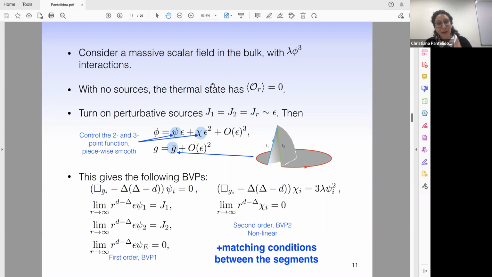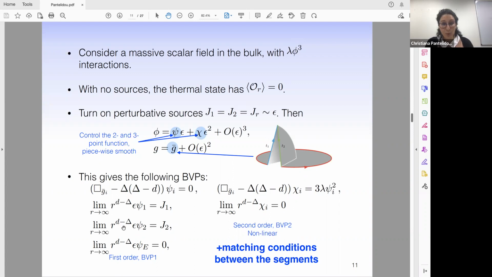No? Okay. So I have this ansatz, and I plug it in the equations of motion for phi, and I get 2 boundary value problems, which I write down here. At order 1, I have this Klein-Gordon equation essentially for every component of my scalar field psi. And then I have these boundary conditions. So psi 1, remember, is the field on segment 1, and it should asymptote to source J1.